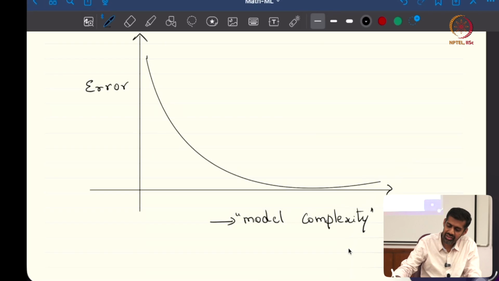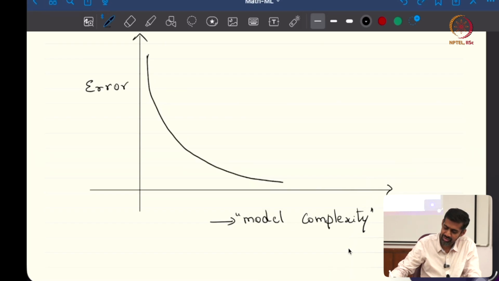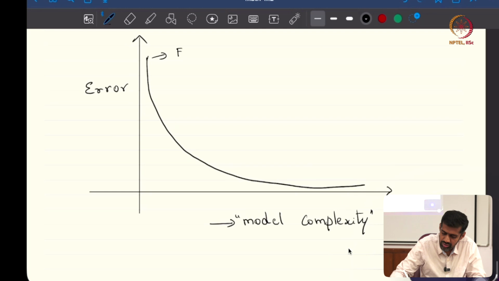So this is a typical behavior. If you actually do it in practice, you don't see a curve that is as smooth as this. You will see something similar, not exactly this. This is an exaggeration. What is this? This is the risk or error on training data.